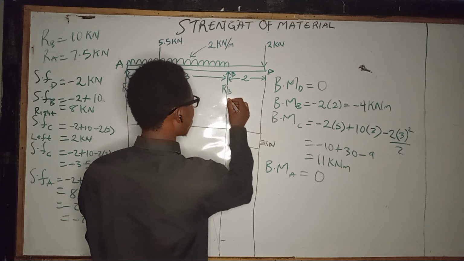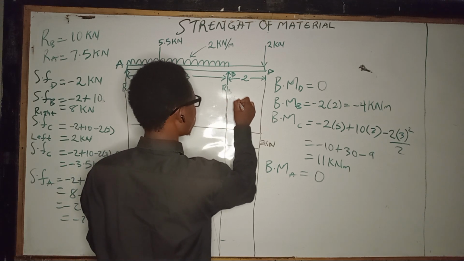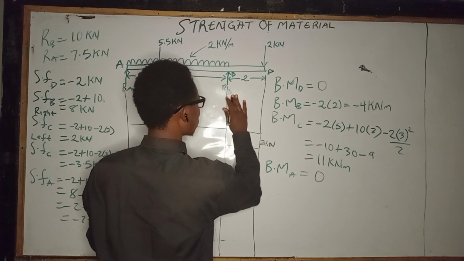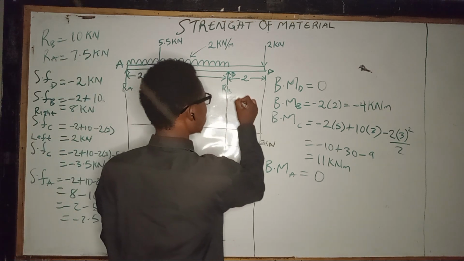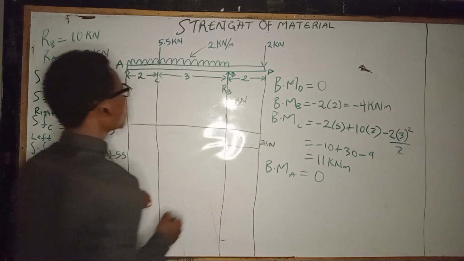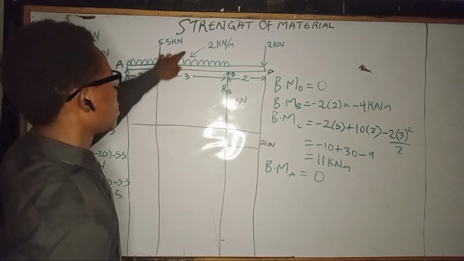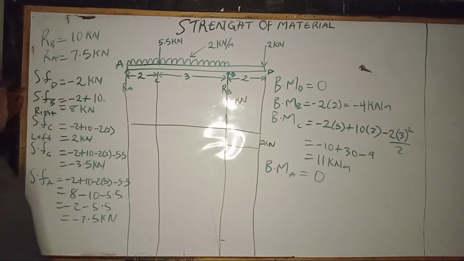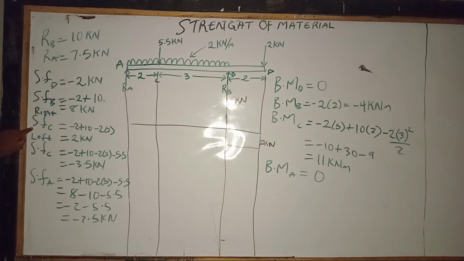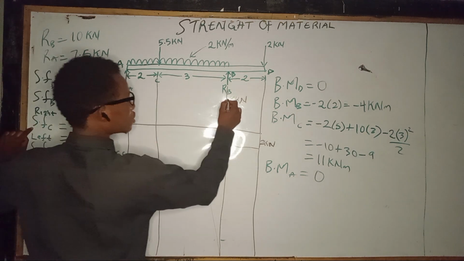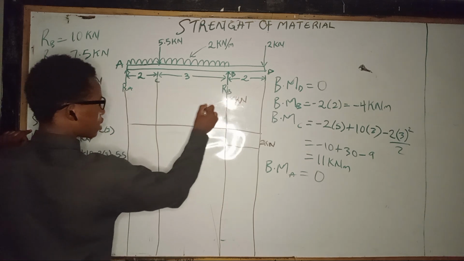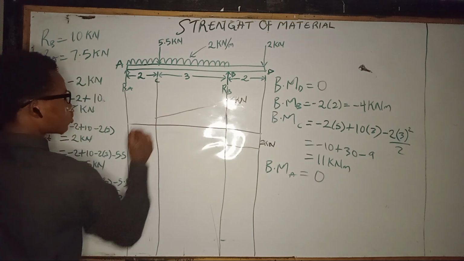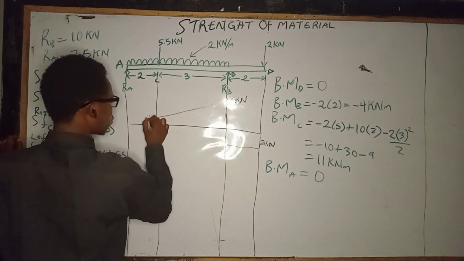So here we have 8 kilonewton. From 8 kilonewton, we have a U.D.L here. Then from shearing force at B to shearing force at C at the right, we have 2 kilonewton. So we take it at an angle to 2 kilonewton. Here we have 2 kilonewton.